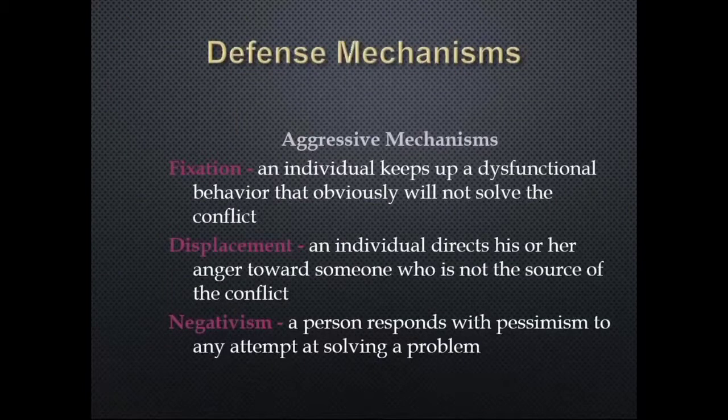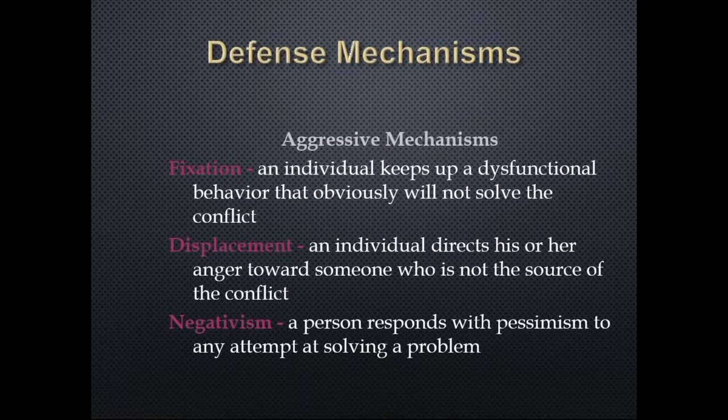So the defense mechanisms that we have in conflict management, we have the aggressive mechanism, that one involves fixation, displacement, and negativism. For the purpose of time, I would like you to go do some active studies on all these areas of defense mechanisms.